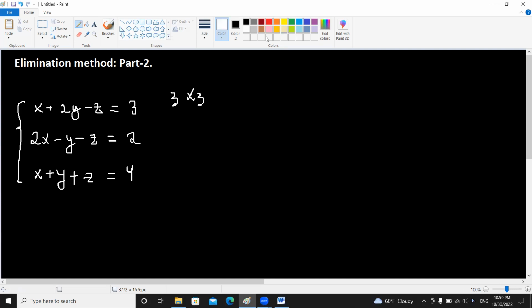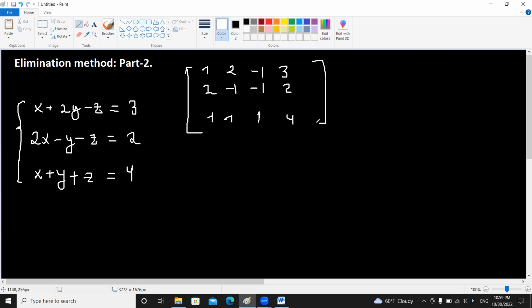So you know from the previous video that we are going to talk about the augmented matrix. So augmented matrix is the system expressed in coefficients. So let's write the coefficients here for each element. So 1, 2, -1, 3, 2, -1, -1, 2, 1, 1, 1, and 4.